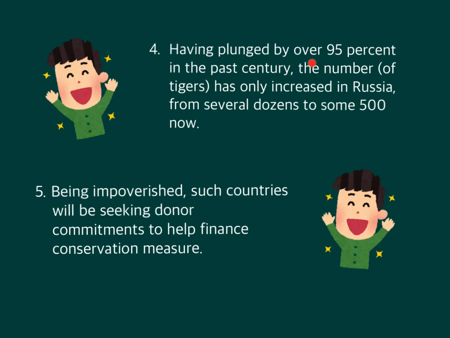Having plunged by over 95% in the past century, the number of tigers has only increased in Russia, from several dozens to some 500 now. 5. Being impoverished, such countries will be seeking donor commitments to help finance conservation measures.